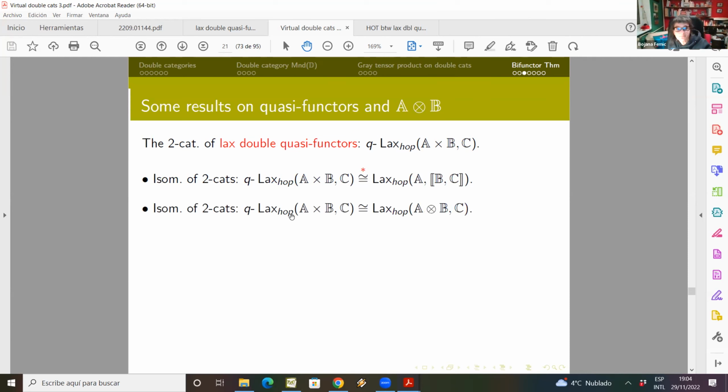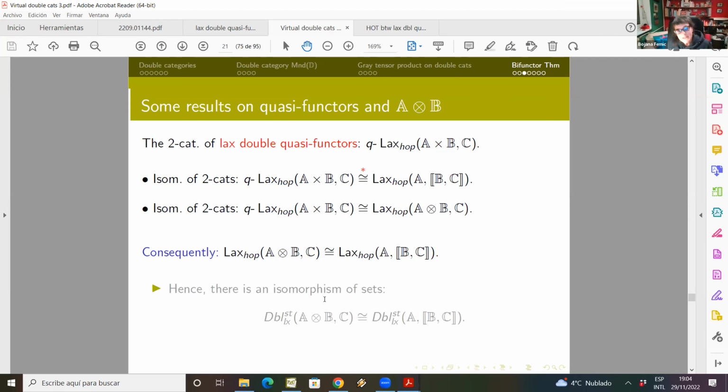And one can also show, just following how Gray did it, that there is also this kind of isomorphism of two-categories, so that when you connect them, you get this thing that resembles what you want to have in a closed monoidal category. But these are two-categories. So if you look only at the level of zero cells, you have a one-to-one correspondence between Lax double functors on the left and Lax double functors on the right.